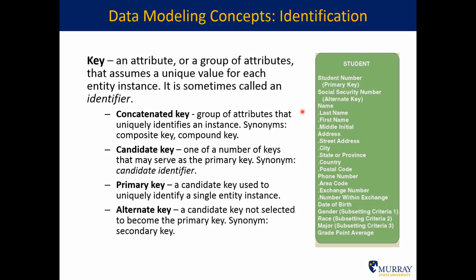Let me give an example of an attribute that doesn't assume a unique value for each individual instance of an entity, and that example would be gender. Gender does not uniquely identify a specific person. For example, let's say a police officer asks you to identify a particular person who committed a crime on campus, God forbid.